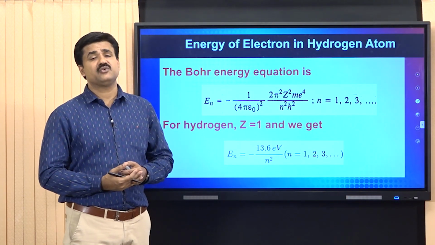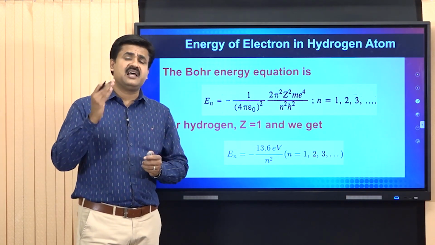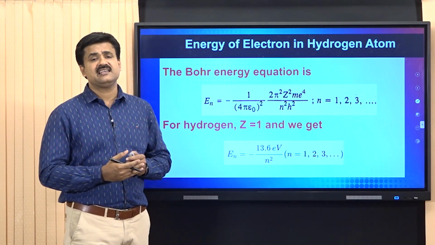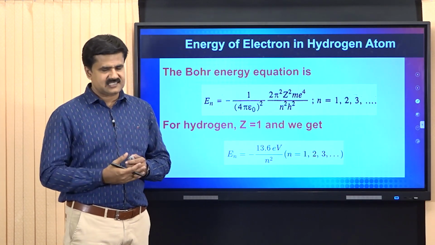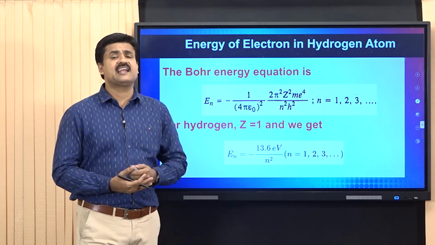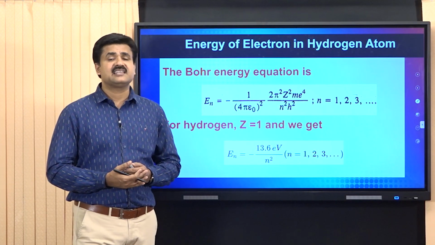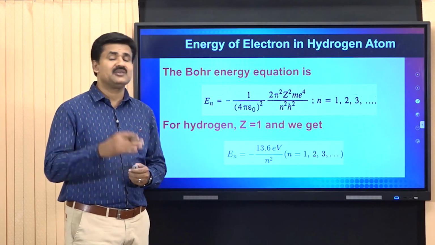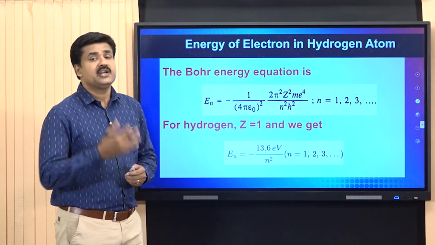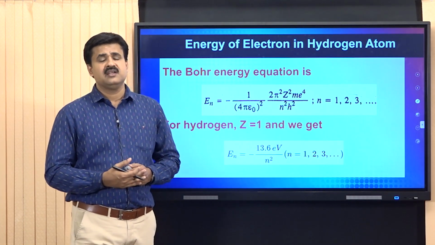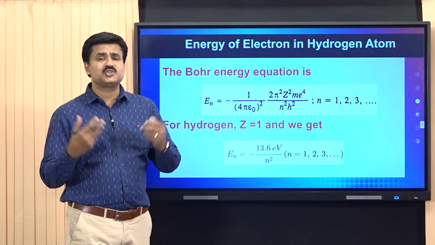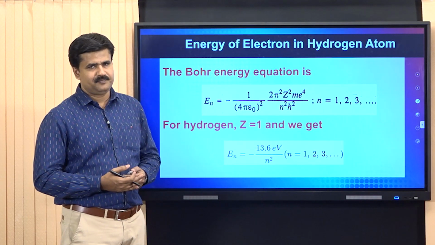Prior to the formation of the atom, the electron and the nucleus were at an infinitely separated distance. That means there is no interaction between nucleus and electron, so their energy can be practically taken as zero prior to the formation of the atom. During the formation of the atom, the nucleus and the electron approach together to get a stable atom.